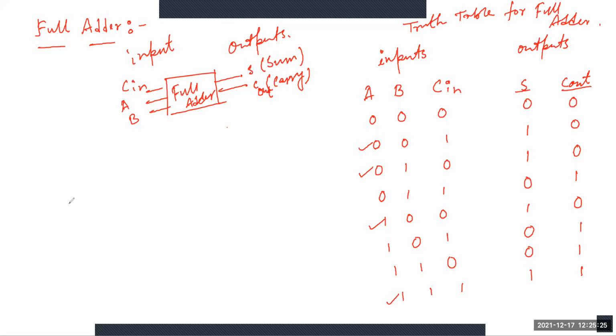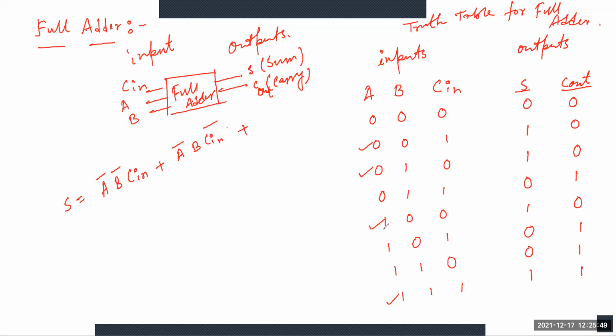So from this we can write S equals to, first one is this one, A bar B bar C in. Second one is A bar B C in bar.